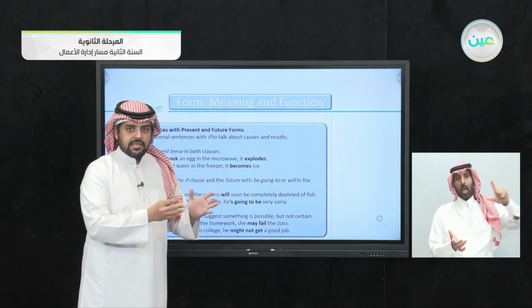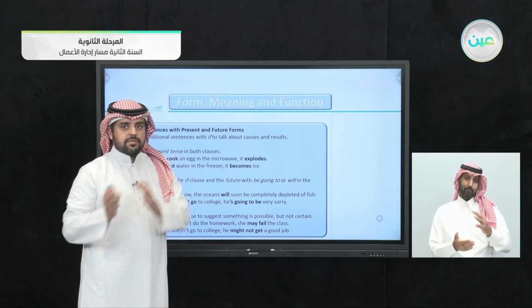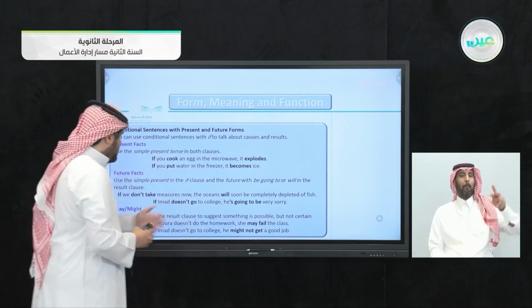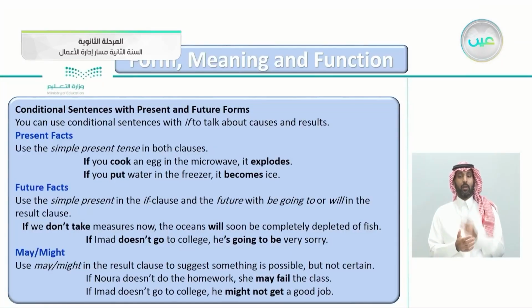If we are not certain, maybe it's possible, we use may or might. For example, if Noura doesn't do the homework, she may fail the class. We are not certain that she will fail. She may fail the class. If Imad doesn't go to college, he might not get a good job.